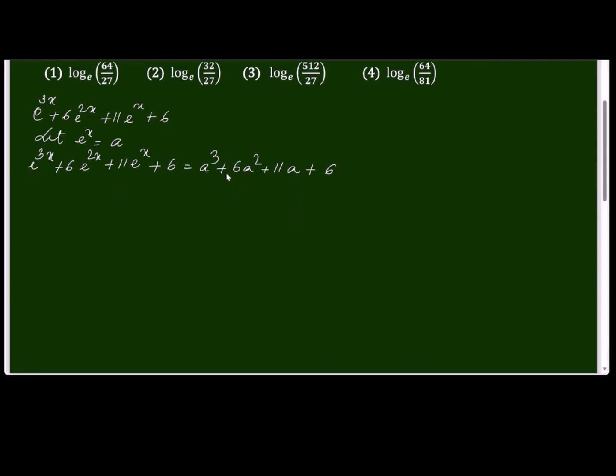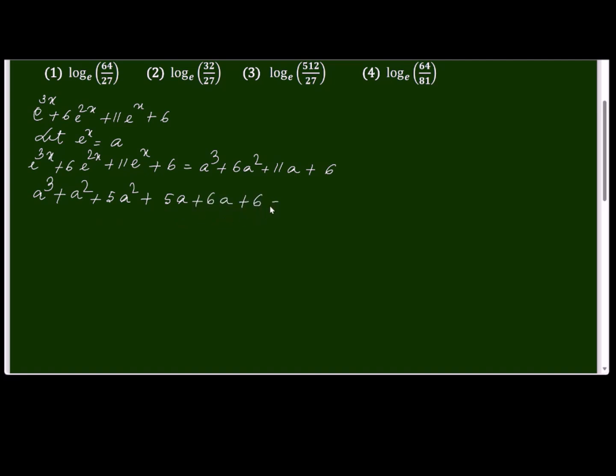Minus 1 is a root of this, or I am factorizing in this way, splitting 6a square as a square plus 5a square and splitting 11a as 5a plus 6a, plus 6.